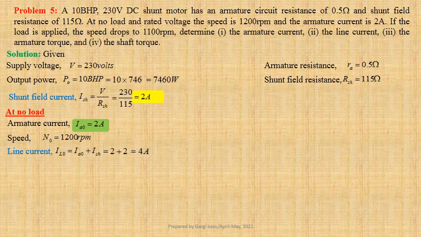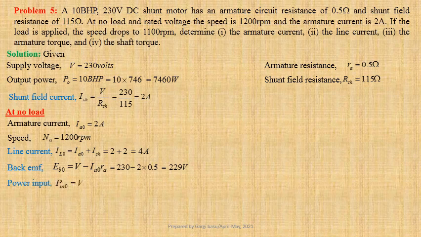Neglecting brush contact voltage drops, we get expression for back EMF EB0 equals V minus Ia0 times RA. Using values, we get 230 minus 2 into 0.5, that is equal to 229 volts. Power input P in 0 equals V into IL0.